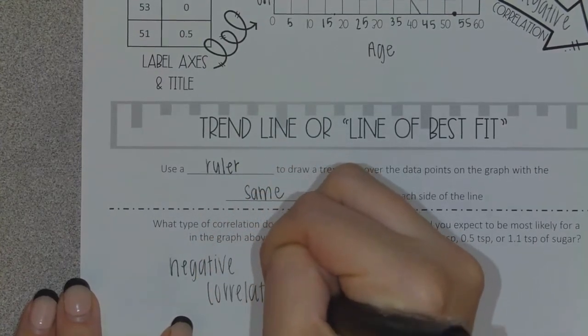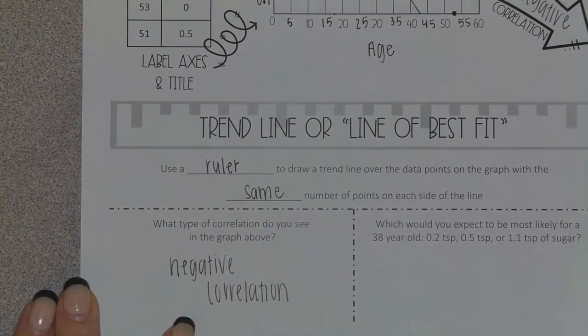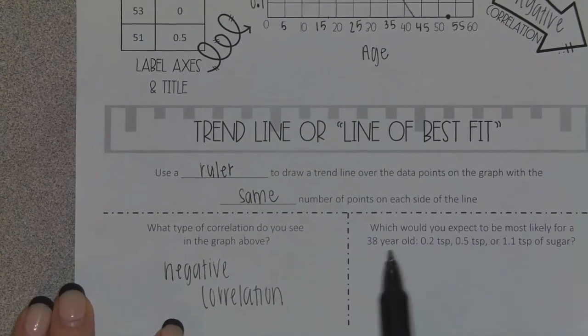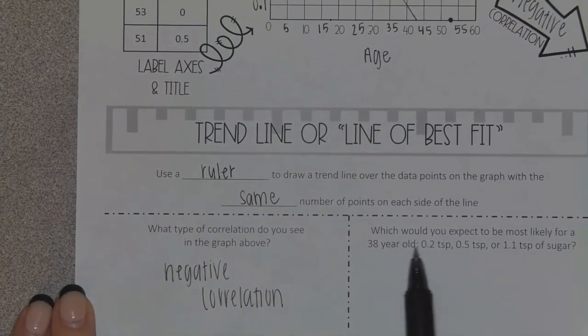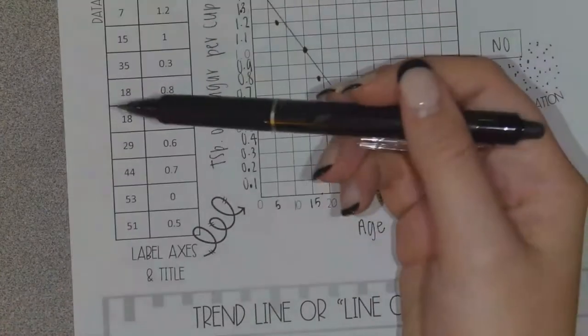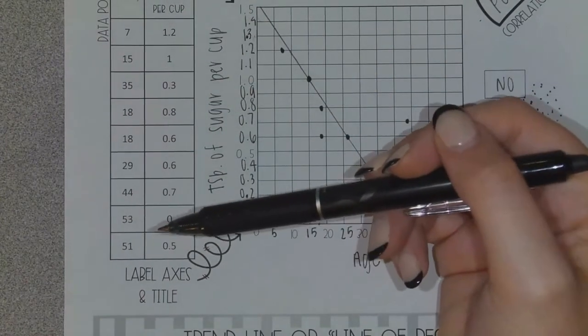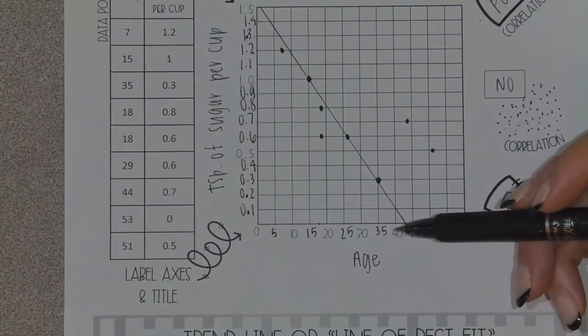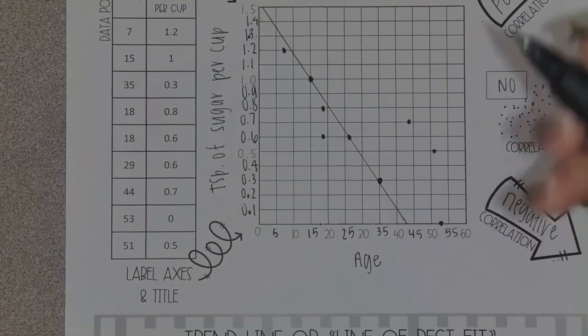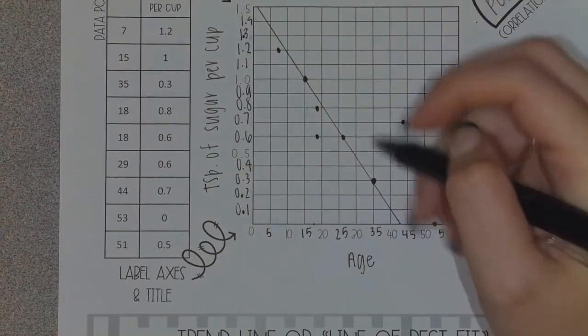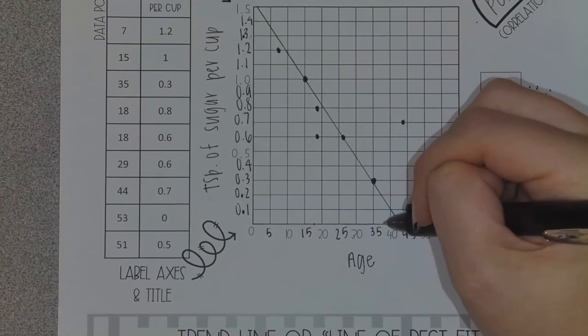Now, the other thing our trend line helps us do is it helps us predict data. So it says which would you expect to be most likely for a 38-year-old? Well, when we look at our data, we didn't survey anyone who was 38 years old. But I can go over here on my graph and find where about 38 should be, which would be kind of right in the middle of 35 and 40, maybe a little bit closer to 40.